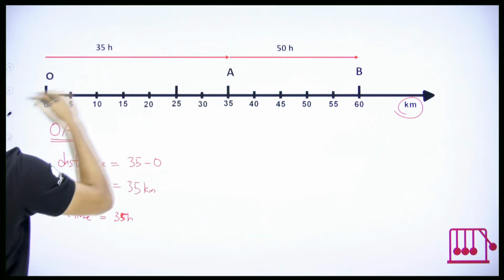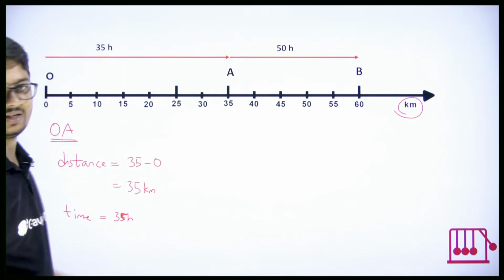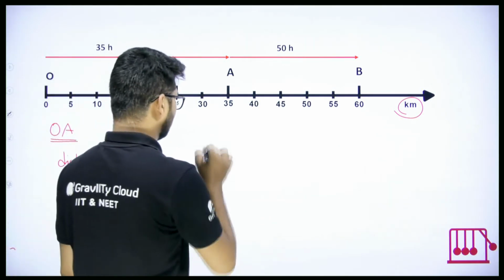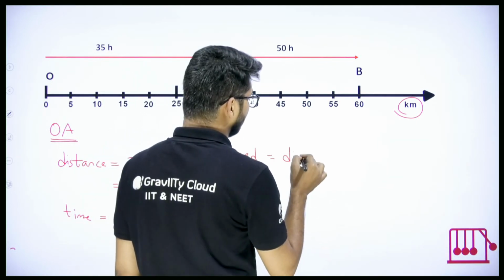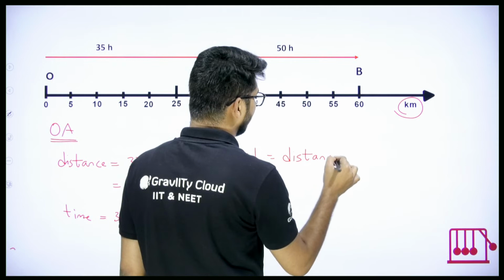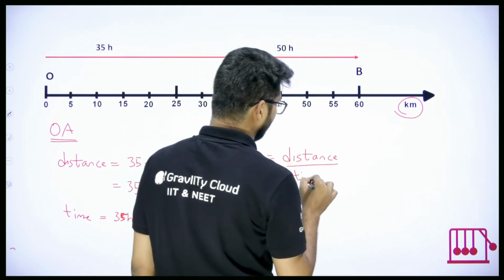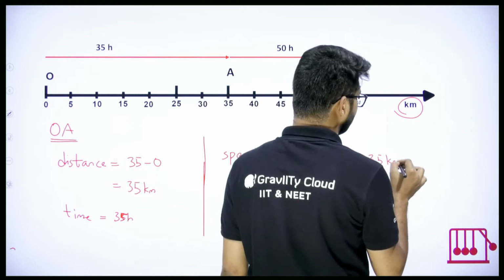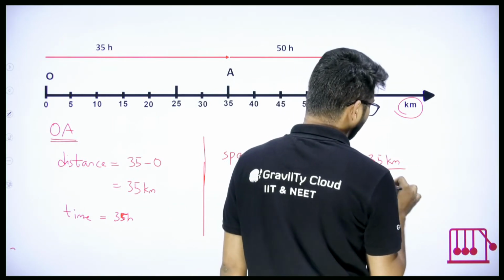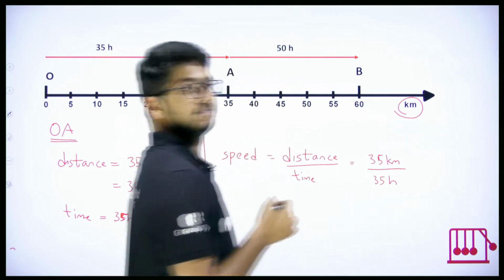That's wonderful. Now you have distance, you have time. We have to calculate speed. What is speed equal to? Speed is equal to distance by time. So what is distance here? Distance is 35 kilometers. What is time here? 35 hours.